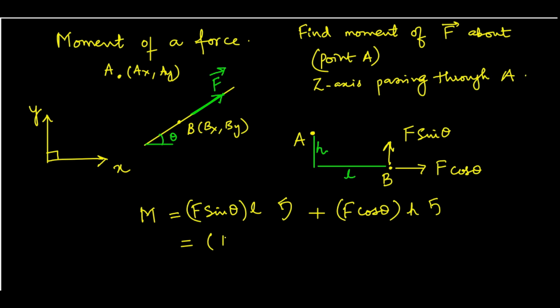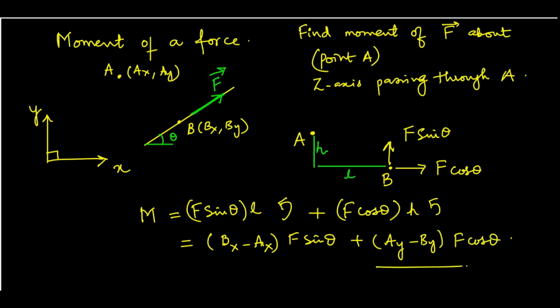So your L is by minus ay times F sine theta, and your H is L is bx minus ax F sine theta and ay minus by F cos theta.